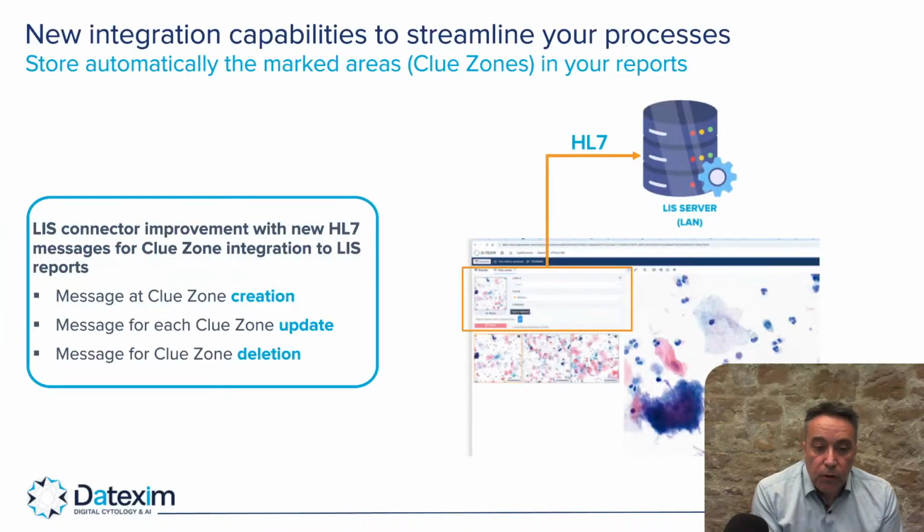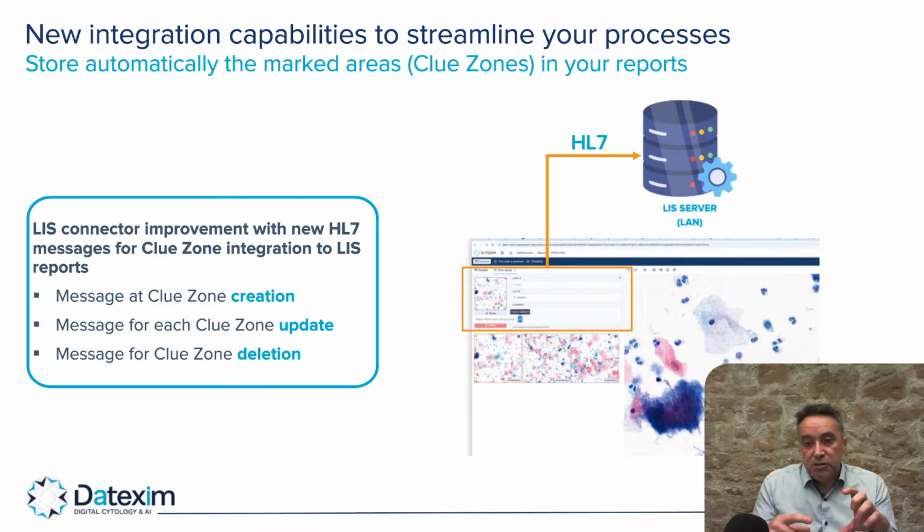So, for example, on this version 3.3, the new messages are about clue zone creation, update, and deletion. Each time you create, update, or delete a clue zone, we will send an HL7 message to the LIS, and inside this message you have a screenshot of the clue zone.